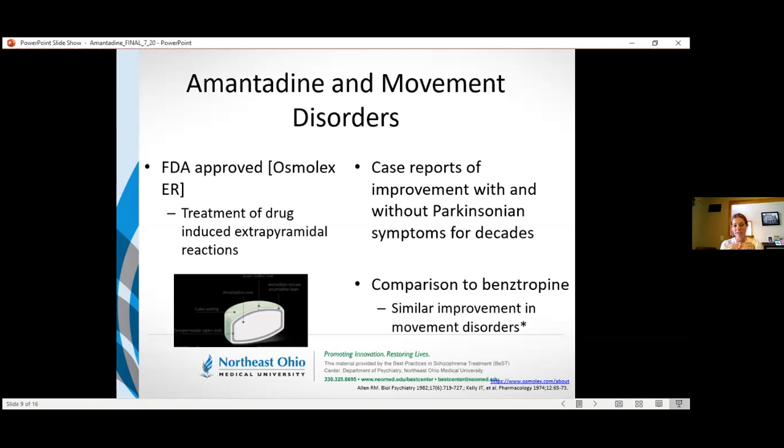The outside layer dissolves relatively quickly, within the first half hour to hour, releasing some medication. Then there's a non-soluble shell with laser-drilled holes, so water from the gastrointestinal tract can get in and activate what they call a push cavity, almost like a sponge that expands and pushes the rest of the amantadine out. That's how they achieve their extended release preparation.